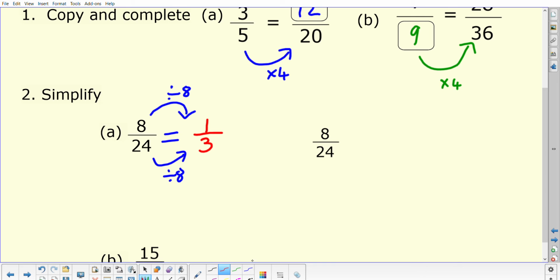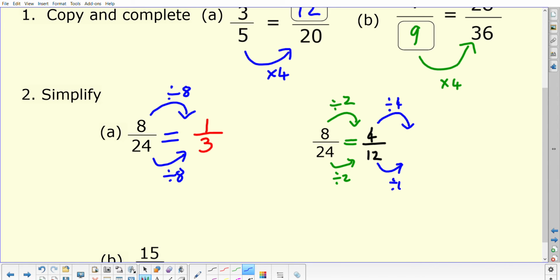If you didn't spot the highest common factor, you might say, oh, 8 and 24, I can divide both of those numbers by 2, so that would initially give you 4/12. 8 divided by 2 is 4, 24 divided by 2 is 12. However, you can then still divide, you might divide by 2 again, or you might say, oh, actually I can now divide by 4.